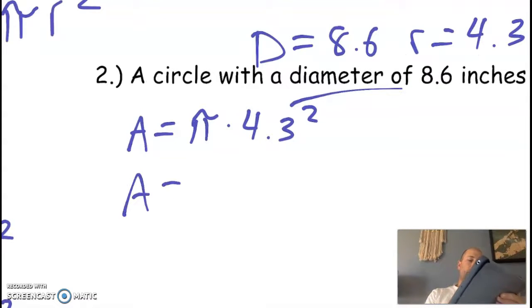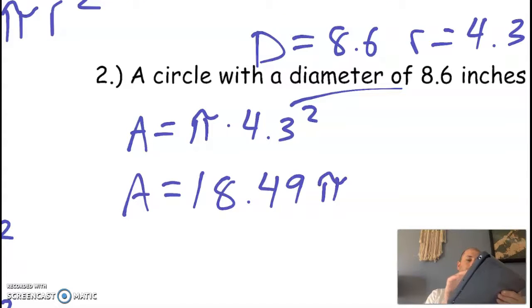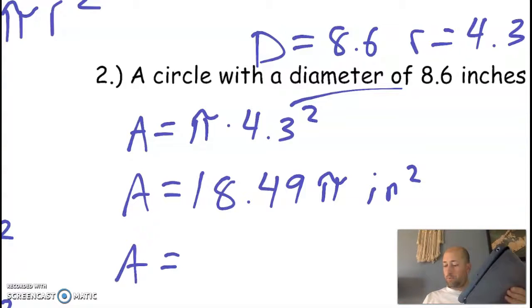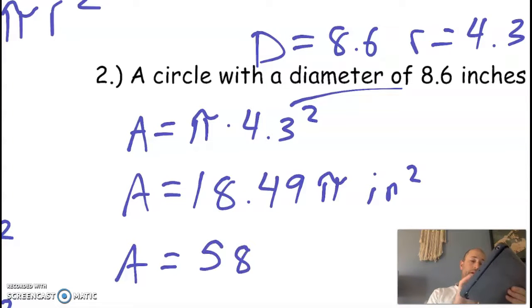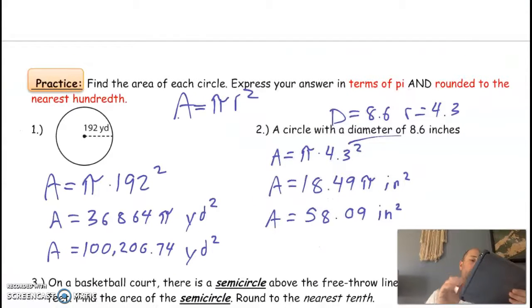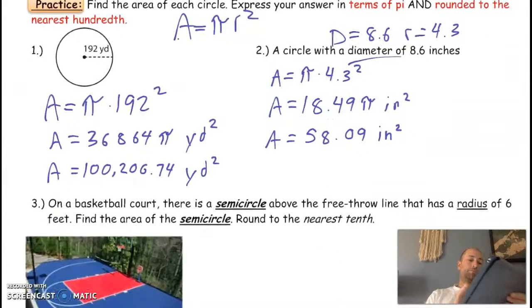So in terms of pi, it's 18.49 pi inches squared. I'll do 18.49 times pi. You get 58.088, so 58.09 inches squared. There we go with number 2.